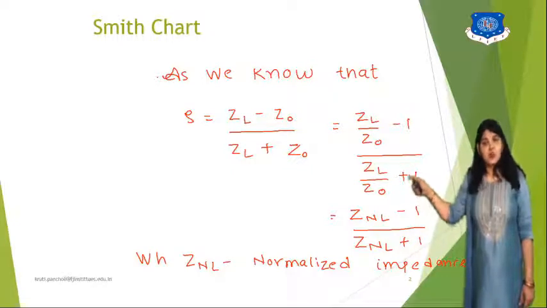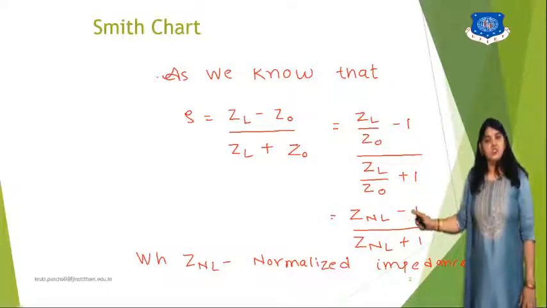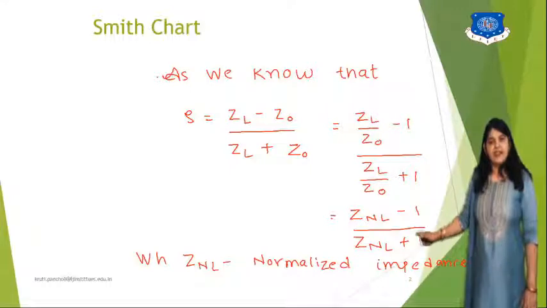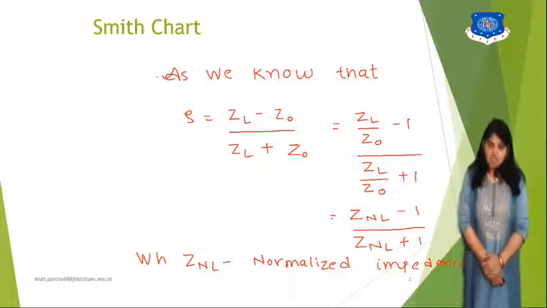Now this load is normalized, so we can write it as ZNL. So rho is equal to ZNL minus 1 upon ZNL plus 1, where ZNL is the normalized impedance.